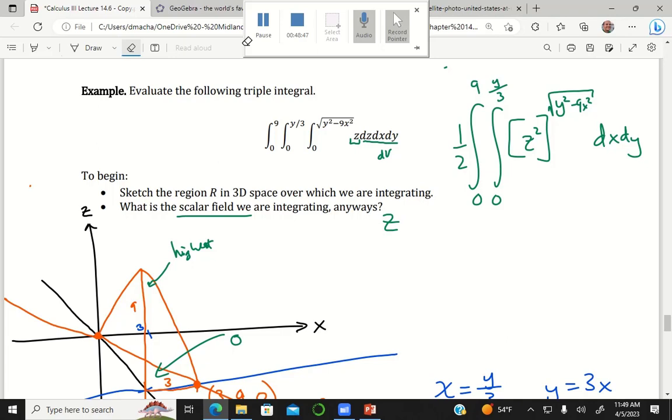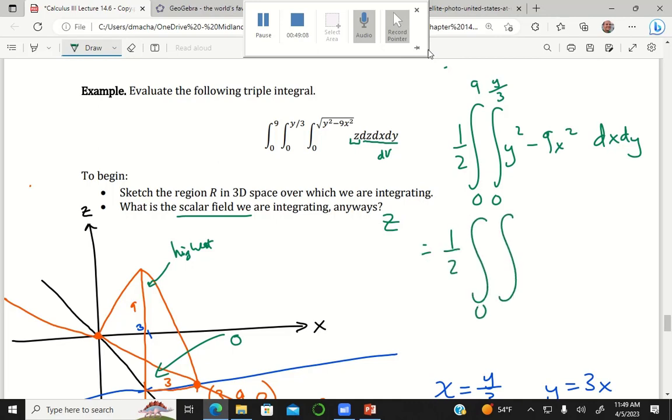So it's going to be y squared minus 9x squared. So integral from 0 to 9.